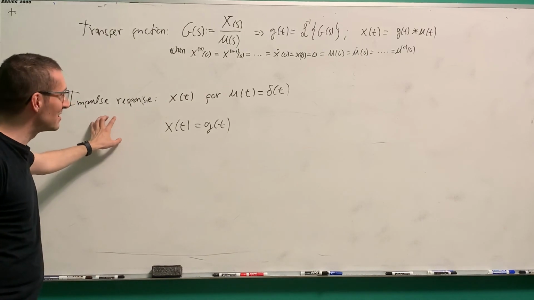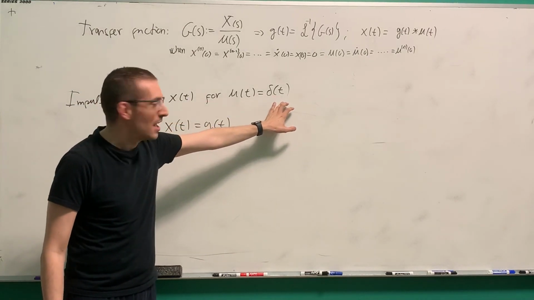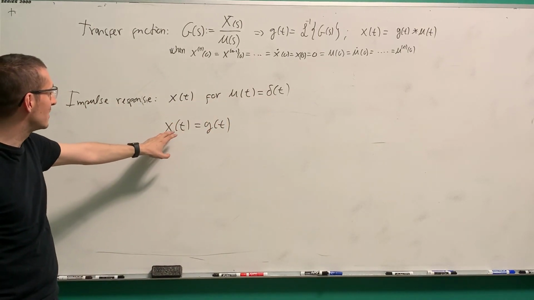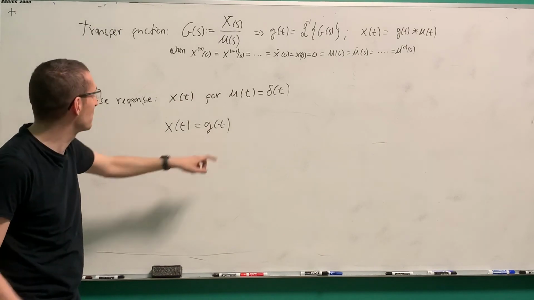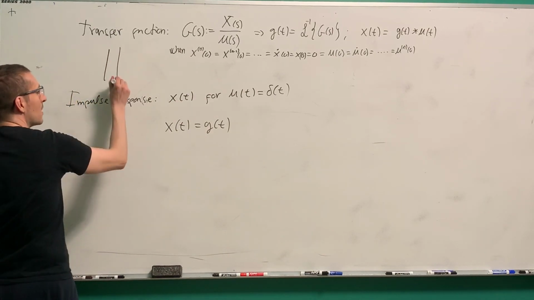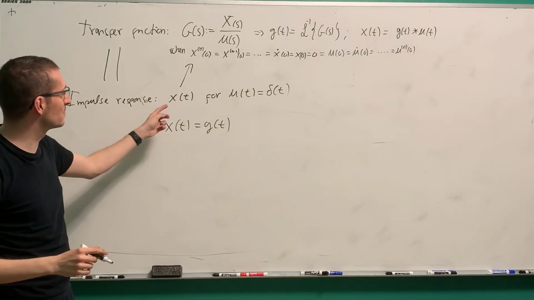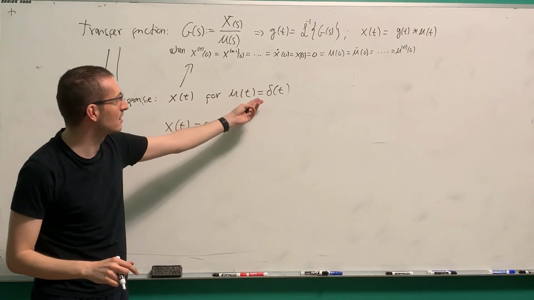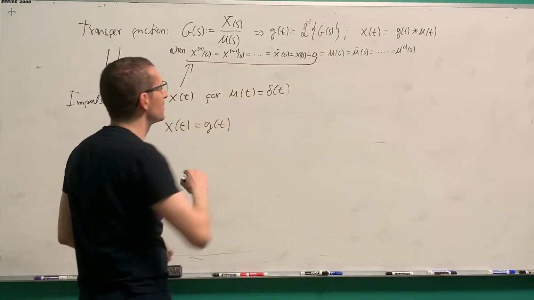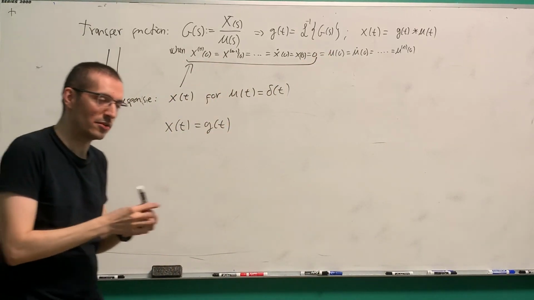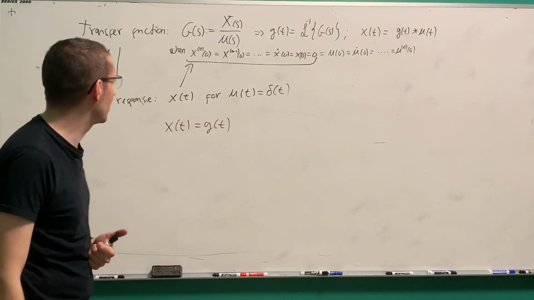Now, the impulse response is defined as the output when the input is a delta function. We proved that the output when the input is a delta function coincides with the transfer function of the system. So these two things are the same, under the same assumptions, of course, okay? The impulse response is x of t when the input is a delta function, under the assumption that all the derivatives and the function itself at 0 are zero, the system is relaxed, and then I drive it just with an impulse, with a delta.